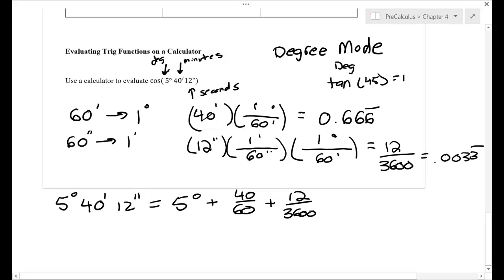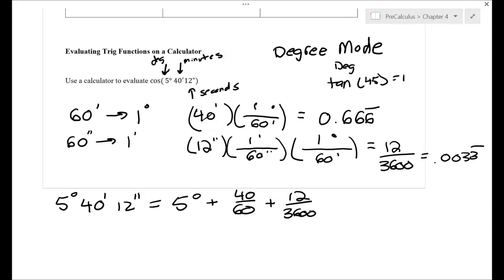And this is all your book shows you, is this piece. But what I've shown you is the reason why you put these conversion factors in the way that we do. And go ahead and add all of these together on your calculator. So I do 5 plus 40 over 60, plus 12 over 3600.